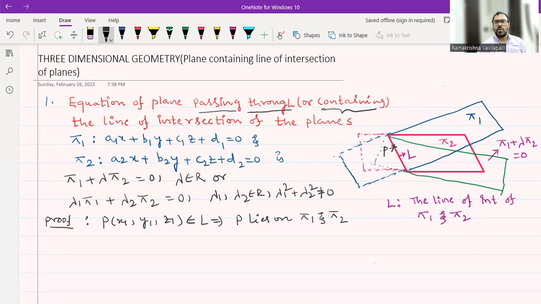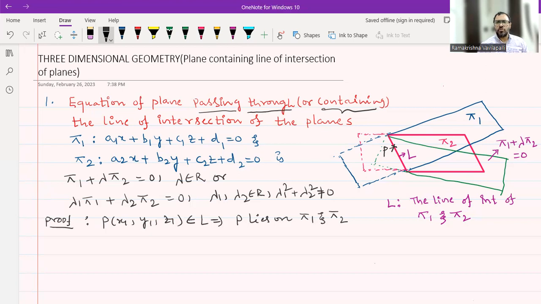Remember, two planes always either meet along a line, meaning they have infinite solutions, or they are coincident, again infinite solutions, or they are parallel. So for two planes there are only three possible cases: they meet along a line, they are coincident, meaning one plane lies on the other plane, or they may be parallel.